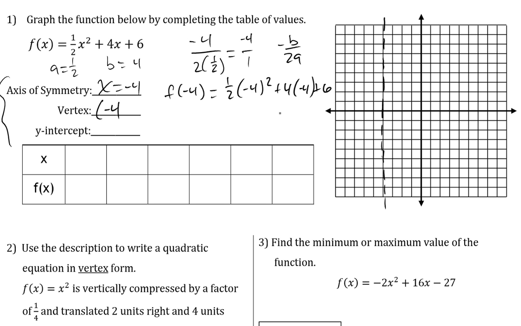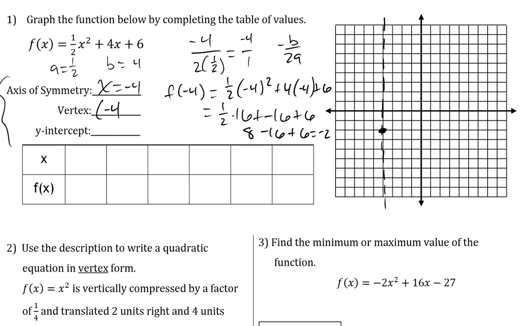So we're looking at 1/2 of 16, plus -16, and then plus 6. So we are looking at 8 minus 16 plus 6, that equals -2. So the value right here, x is -4 and y is -2.